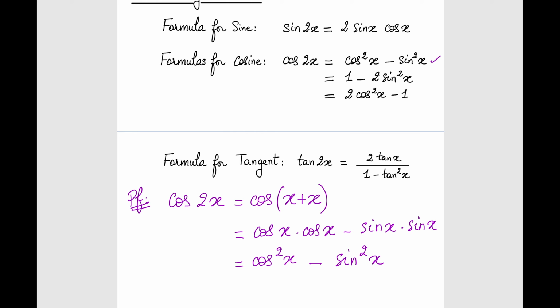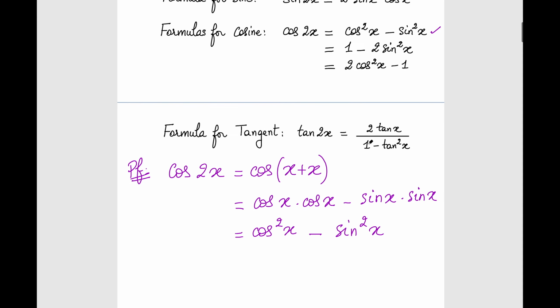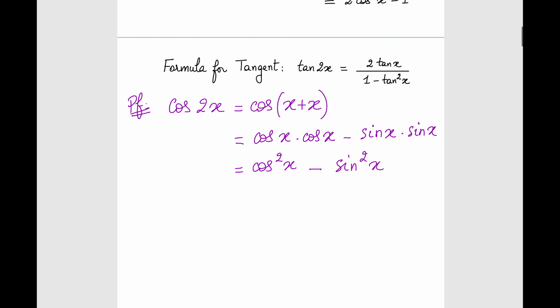So this is okay at this point. How about the second? Why is this guy equal to the second? Well, let me choose a different color. So this is also equal to, by the Pythagorean identity, I know that cosine squared of x is equal to 1 minus sine squared of x.